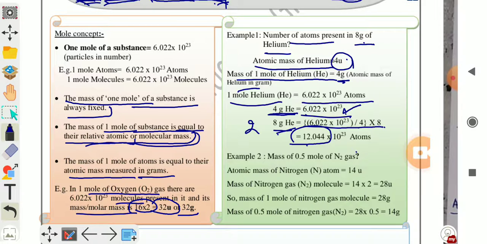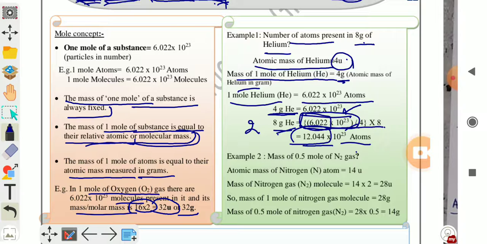So you have to multiply this number by 2. For multiplication you have to multiply only this number with 2 and you have to write raised to the power as it is. So 6.022 multiplied by 2 equal to 12.044 into 10 raised to the power 23 atoms.